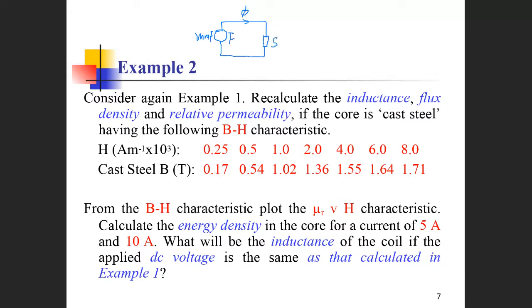Then it says that the flux equals the magnetomotive force over the reluctance. So these are the keywords.